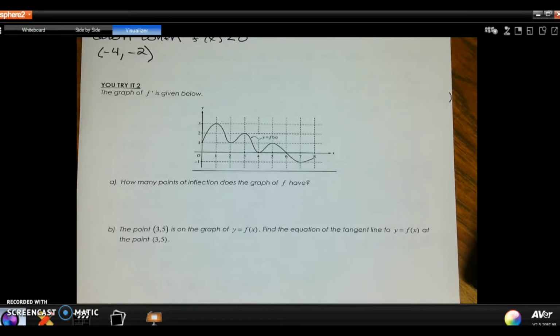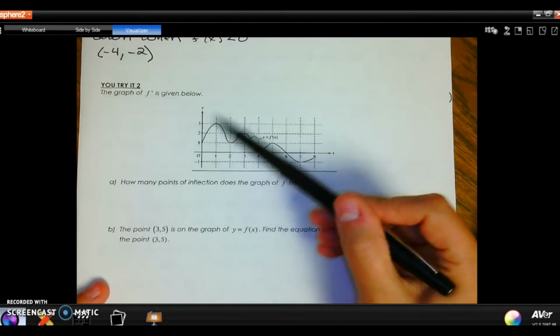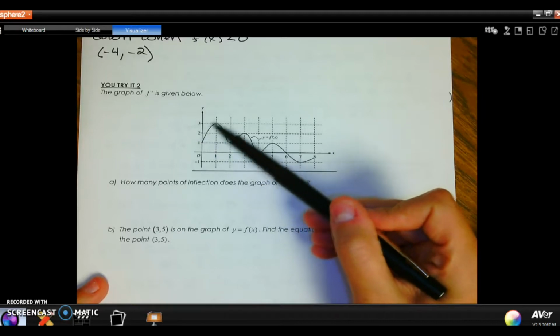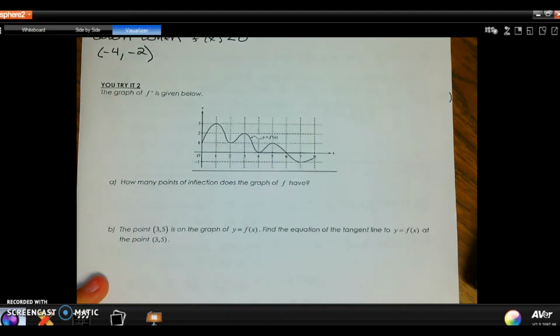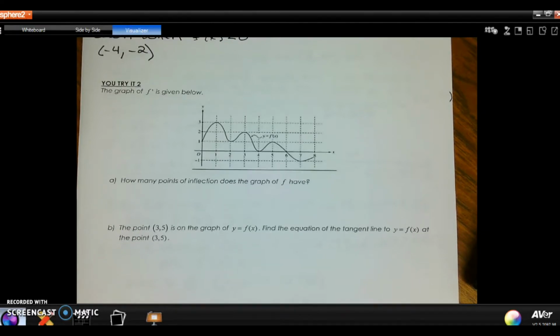So you have to think about the relationship between the first derivative and the second derivative. You could think about it as the slope. If you didn't want to memorize that chart from the very beginning of the notes, you could just think of the second derivative as the slope. So what can you tell me about the slope over this section? Well, the slope over that section is a positive slope. And then it switches to a negative slope.